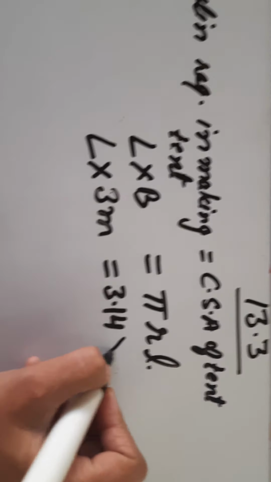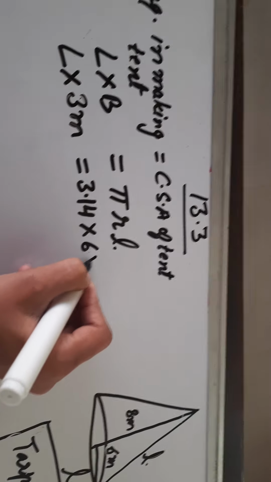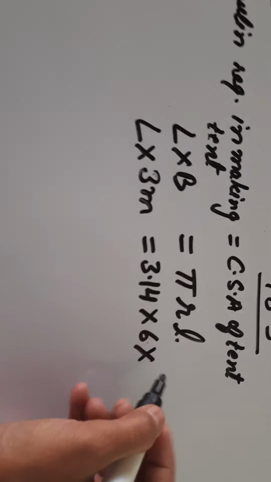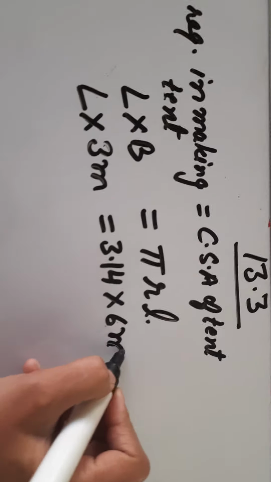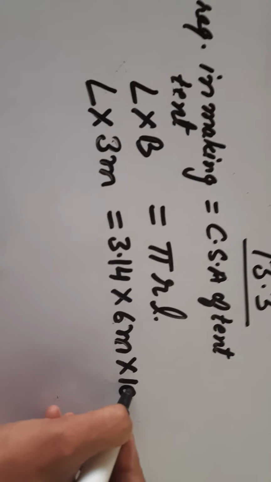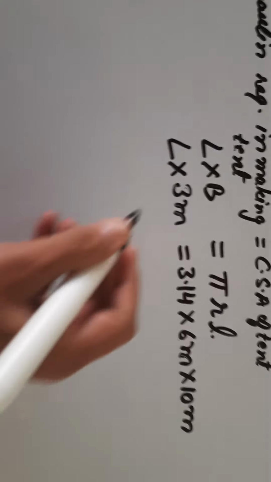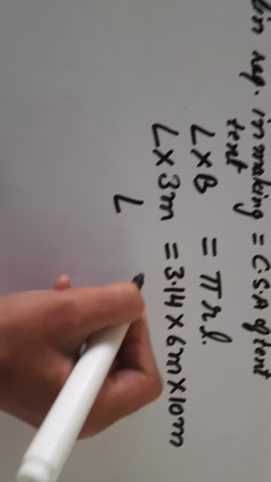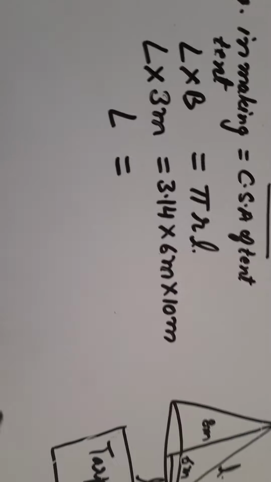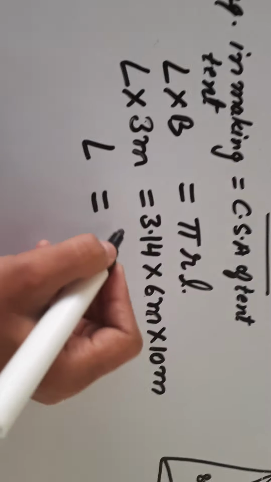So you must put the given value of the pi. Now the radius of the tent is 6 into the slant height, we found it as 10 meters. So 6 meter is the radius and 10 meter is the slant height. So from here, let us calculate the length of the tarpaulin we bought, which is required in making the tent.